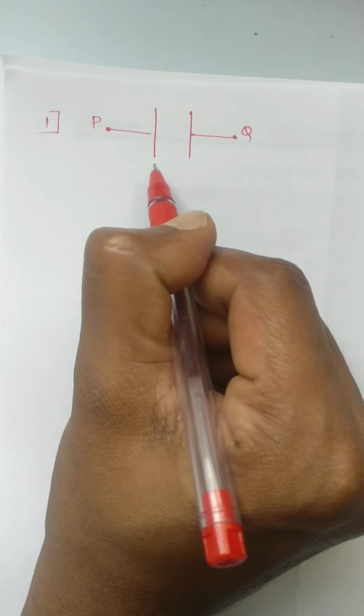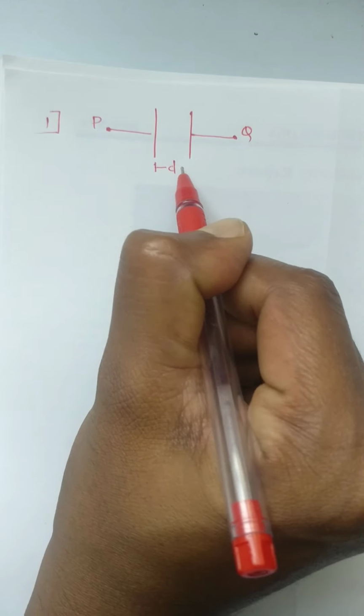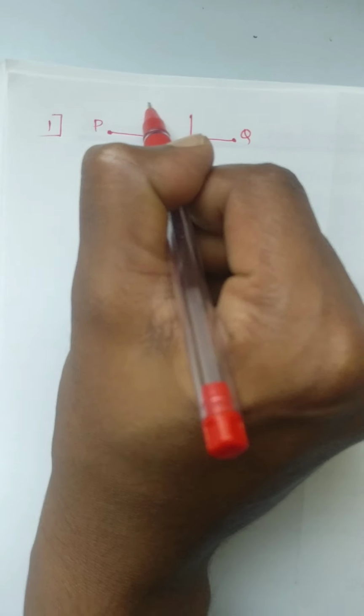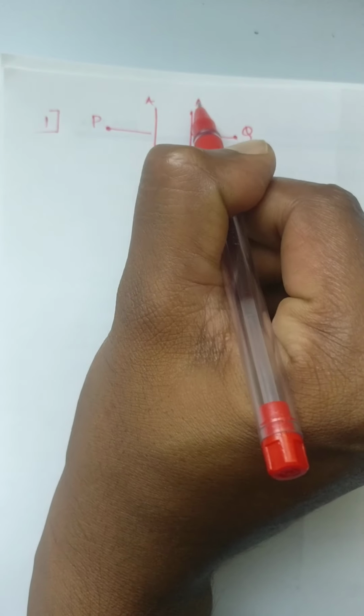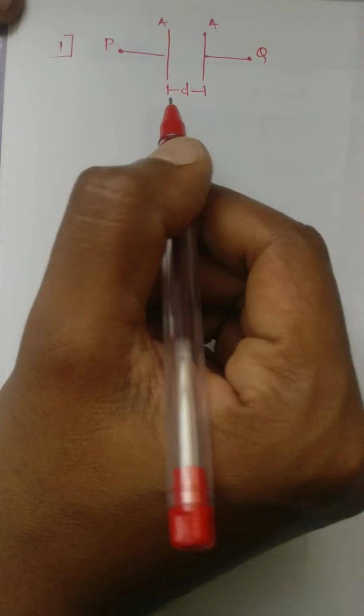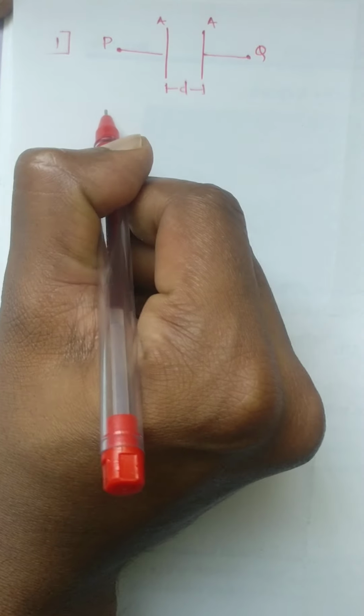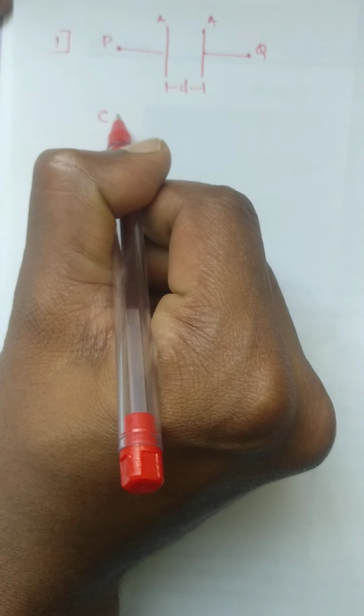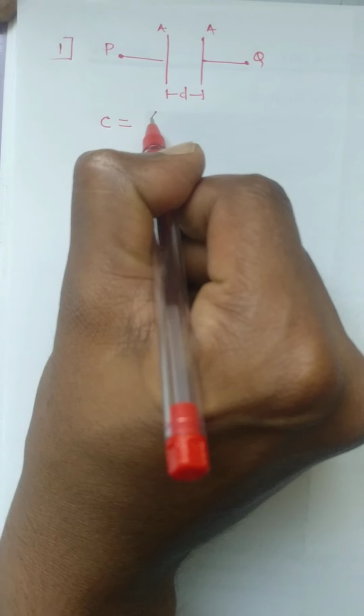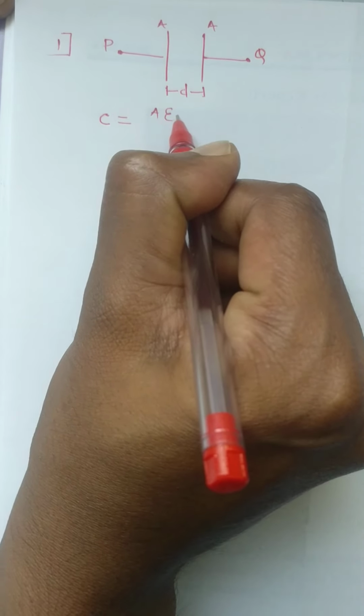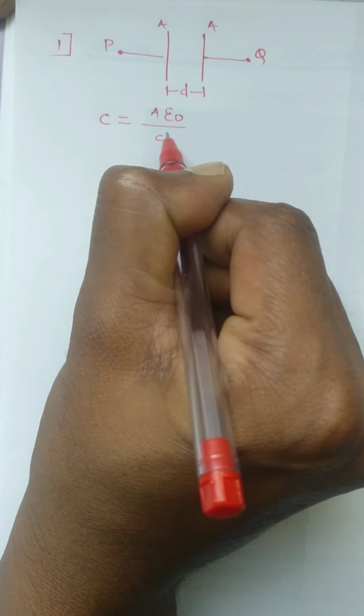The distance between the two plates is D, and each plate has area A. We all know the capacitance of this parallel plate capacitor is A epsilon naught by D.